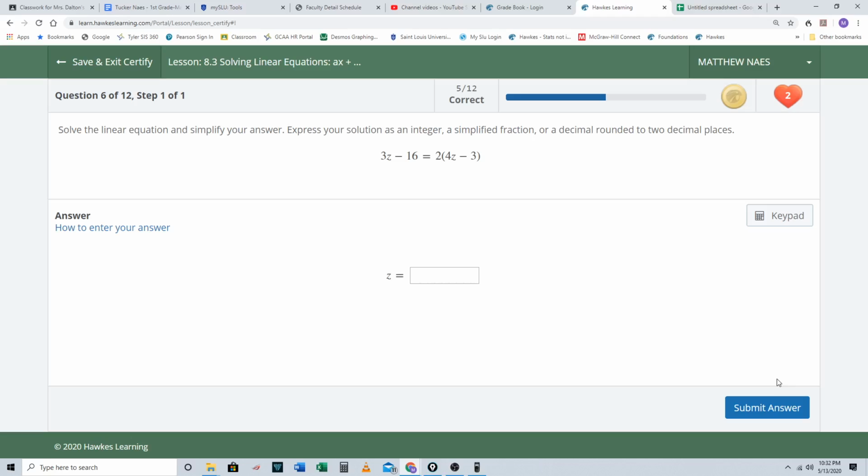All right, again, another parenthesis question, so simplify. Making sure you multiply both of them by 2. 3z minus 16 is equal to 8z minus 6. Since 3z is smaller than 8z, I'm going to subtract 3z. Negative 16 equals 5z minus 6.